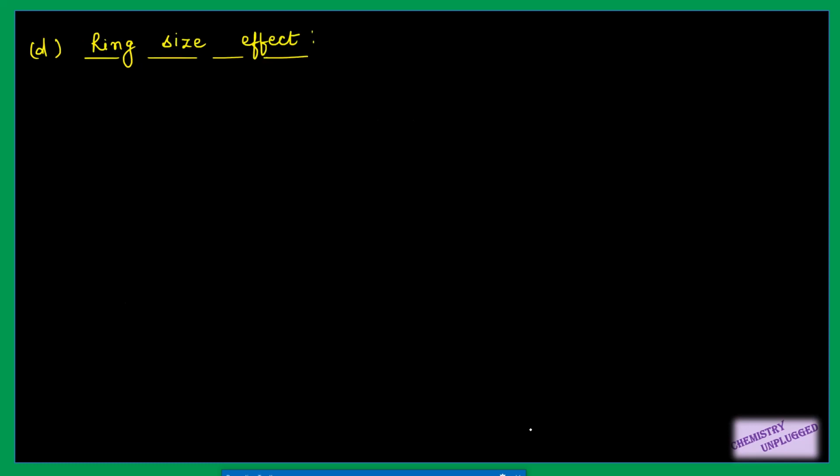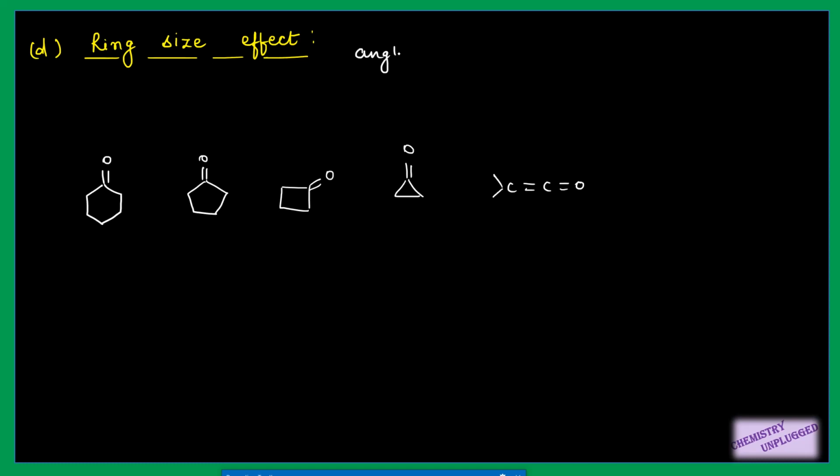Then we have the ring size effect. For different ring sizes, as the angle strain increases, the CO vibrational frequency will increase, right? You can take the base value of ketone for cyclohexanone. It has a CO vibrational frequency near 1715 centimeter inverse, right?